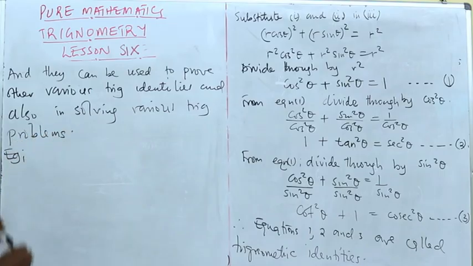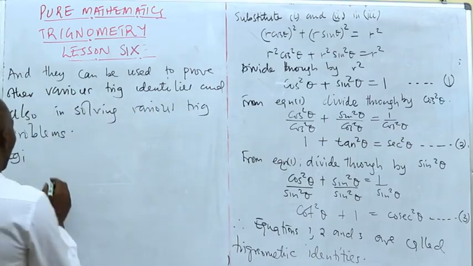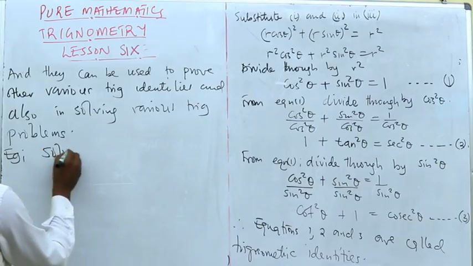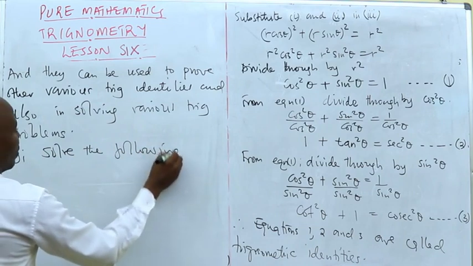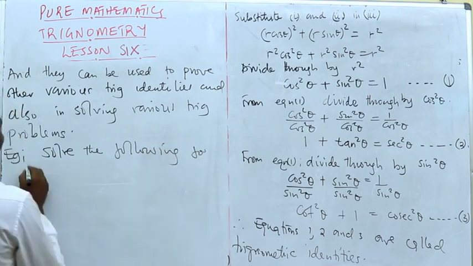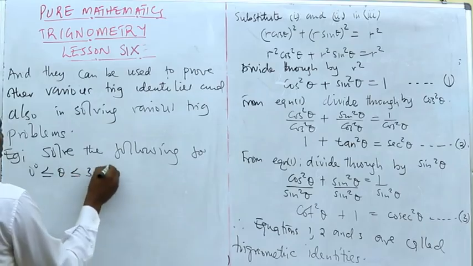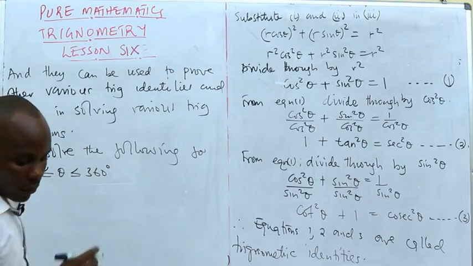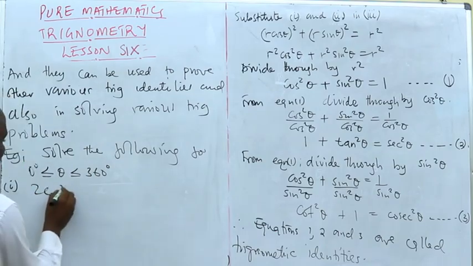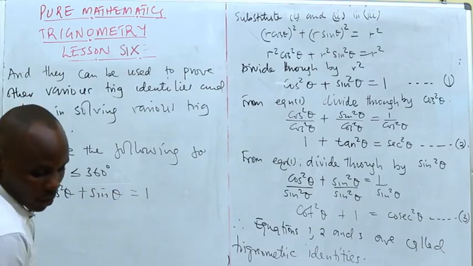Solve the following for 0 degrees less than or equal to theta less than or equal to 360 degrees. Roman 1, we have 2 cos squared theta plus sine theta is equal to 1.